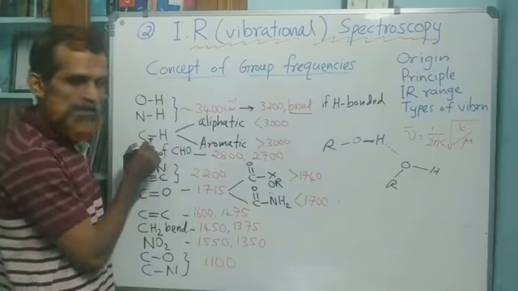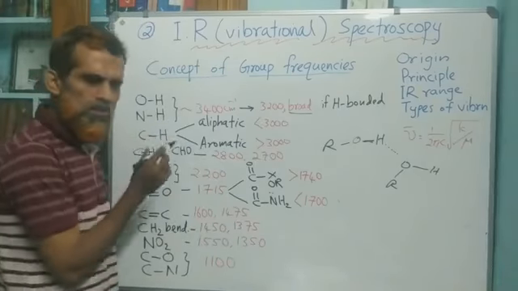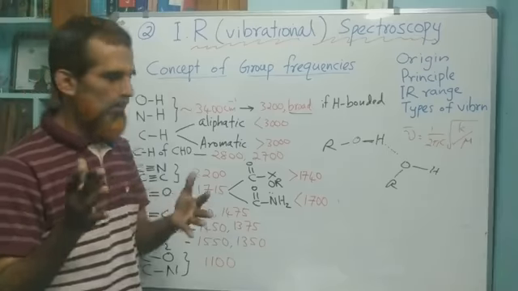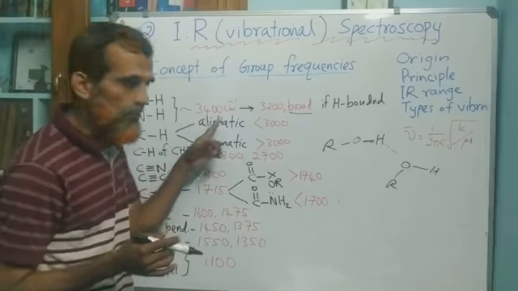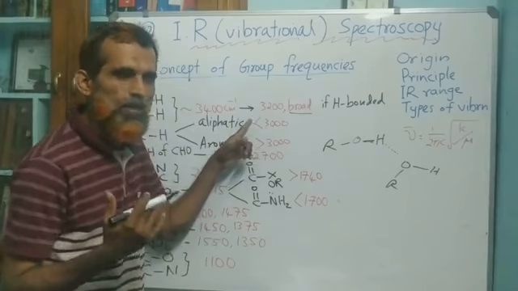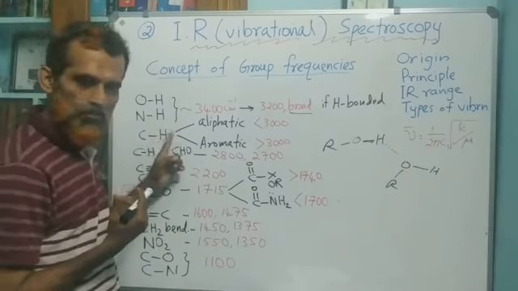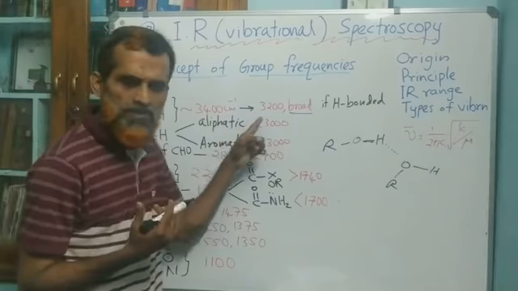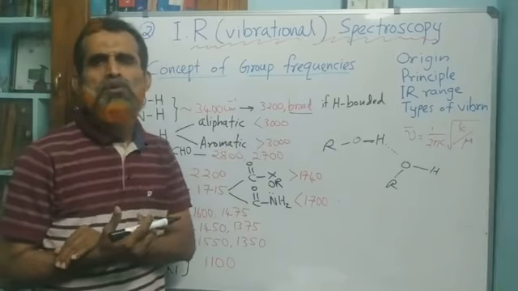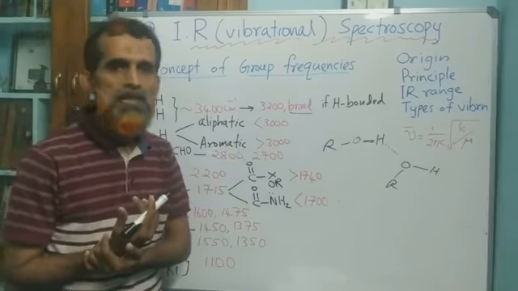The next one, CH. CH bonds will be there in most organic molecules. If it is aliphatic, the value will be slightly less than 3000. That's how you remember this. It is roughly 3000, and if it is aliphatic, like 2850, 2900, like that.